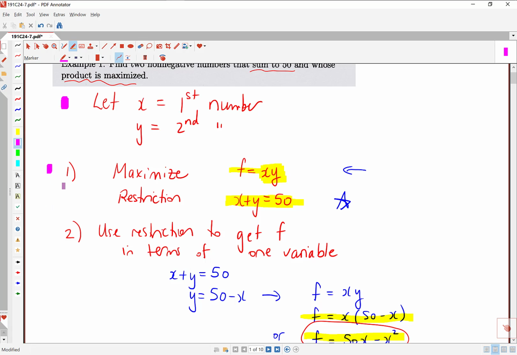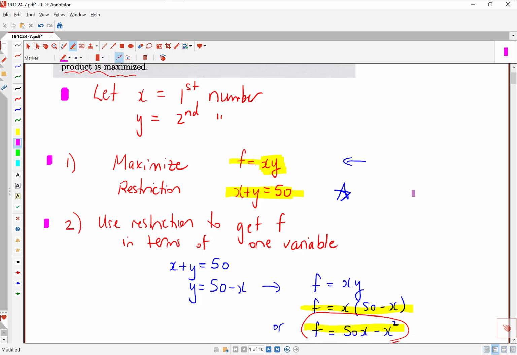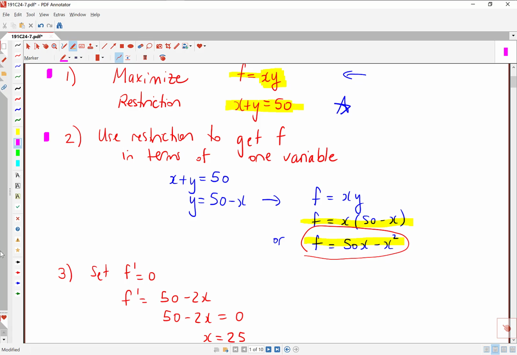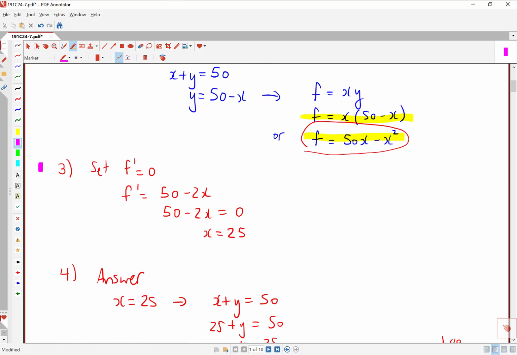In step 1, you write down what you're trying to maximize and what your restriction is. In step 2, you use your restriction to get your function in terms of one variable. And then in step 3, find critical points by setting f prime equal to 0. And in step 4, just answer the question.